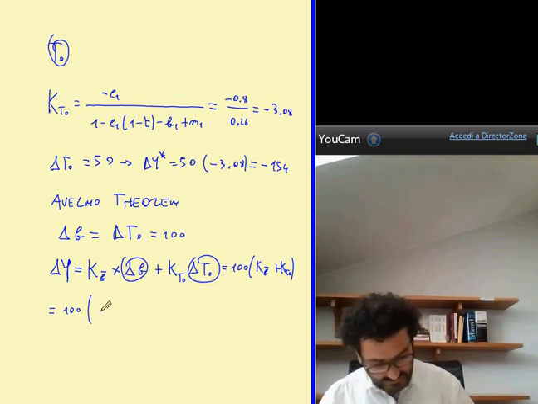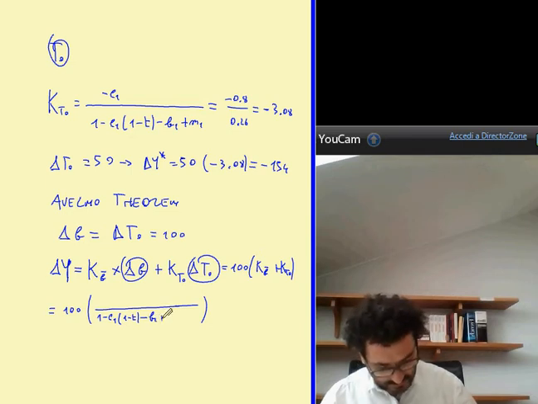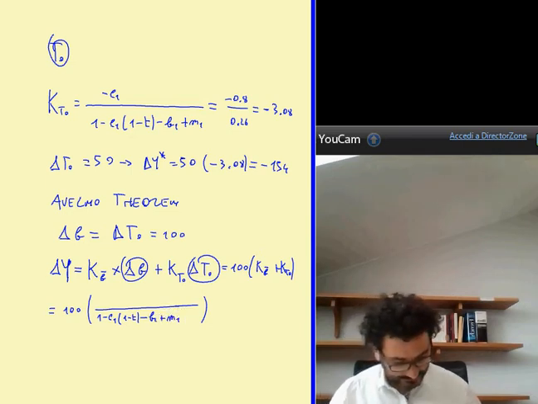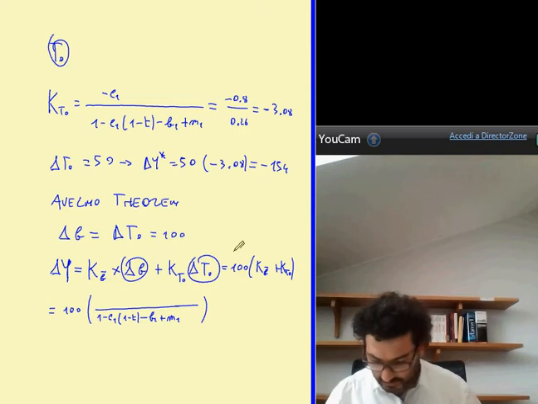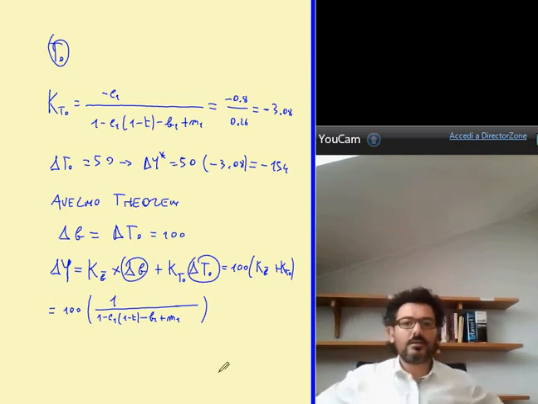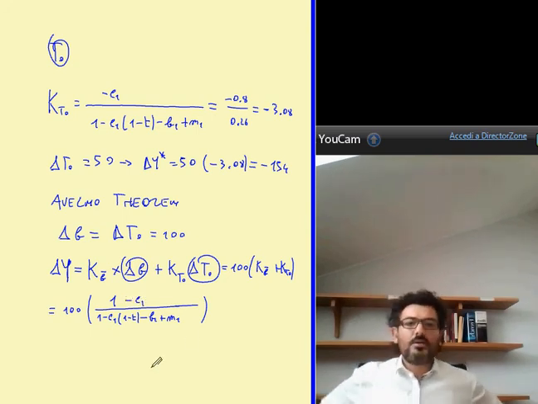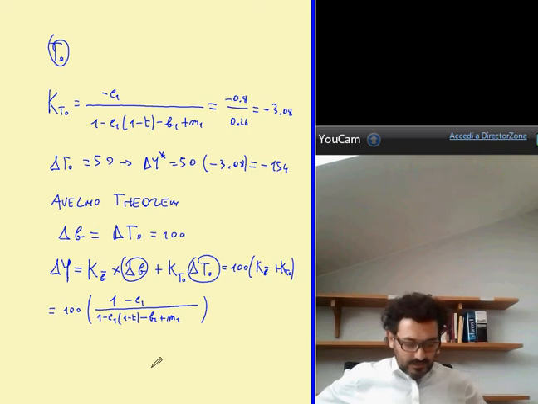The denominator is the same, so we can take the same denominator, 1 minus propensity to consume, 1 minus t, minus b1 plus m1, and in the numerator we have 1 for government expenditure minus c1 for the lump sum tax.